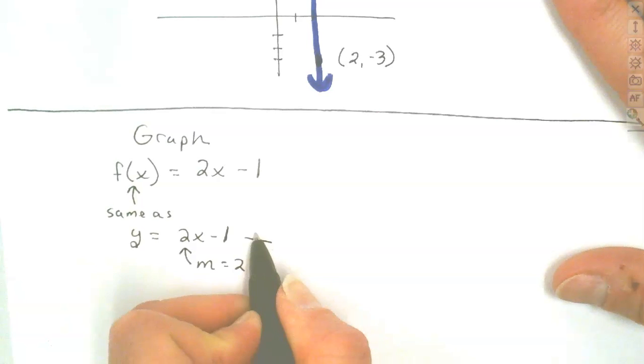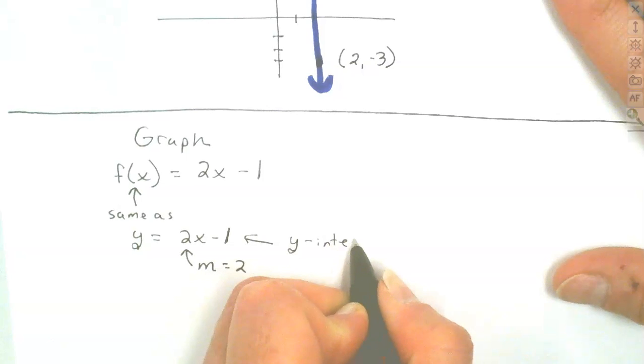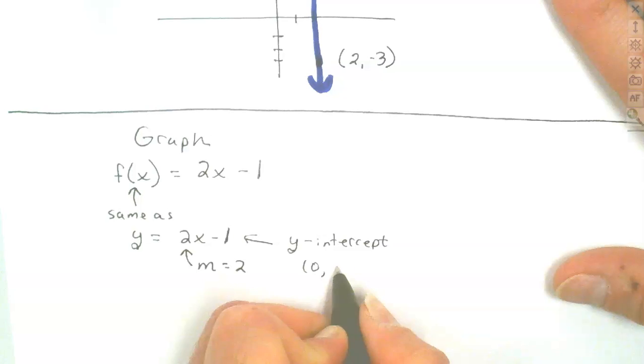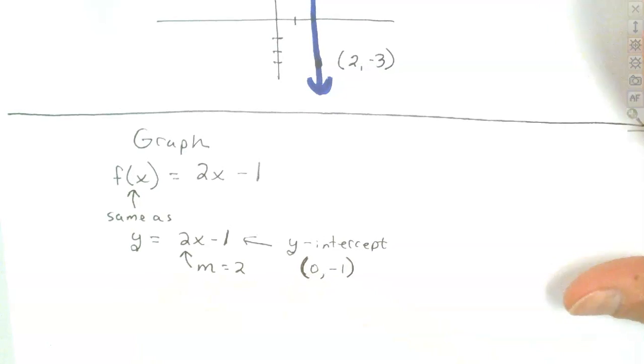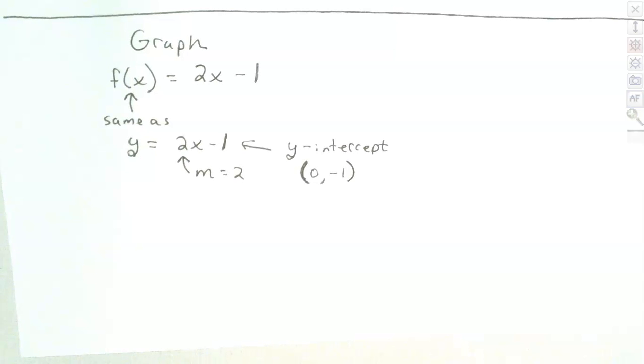And that -1 is your y-intercept, which is (0, -1). So once that has been solved for y, we find our slope and we find our y-intercept, and that's our starting point. Well, we're also going to get the domain and the range.